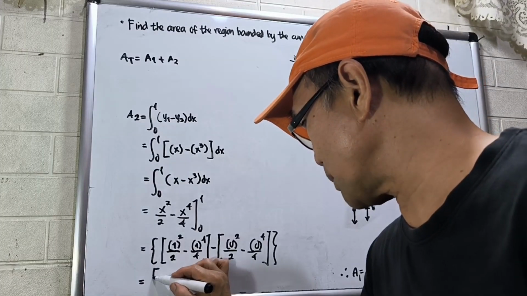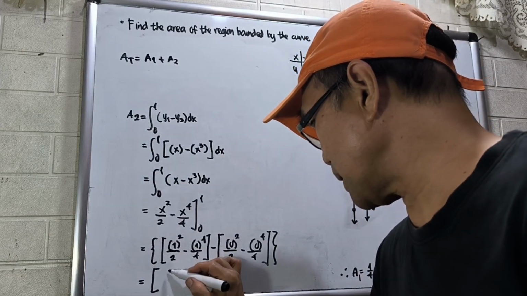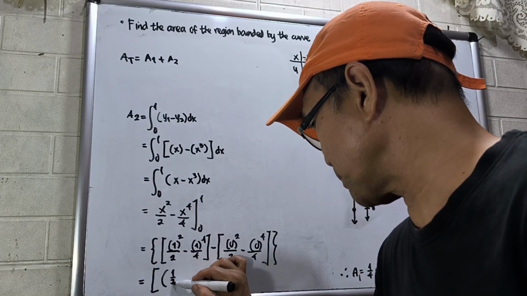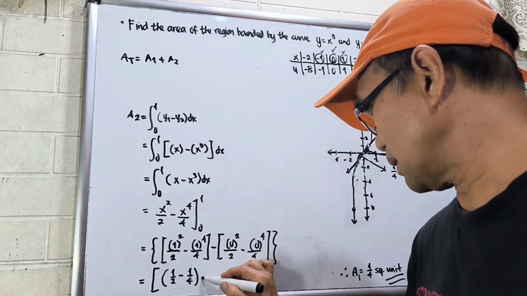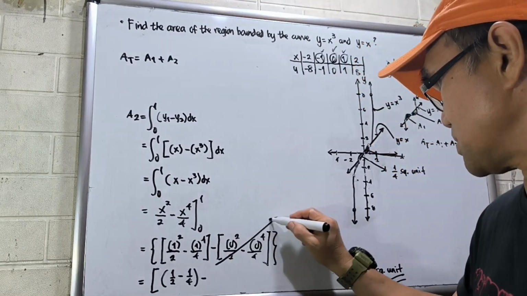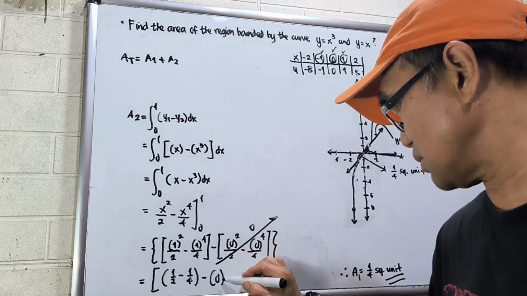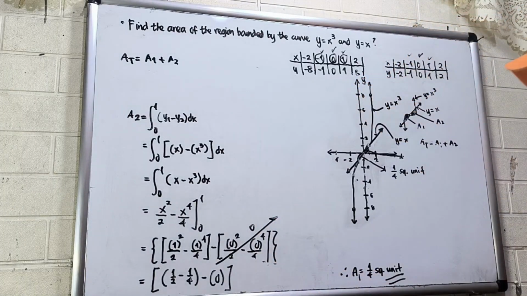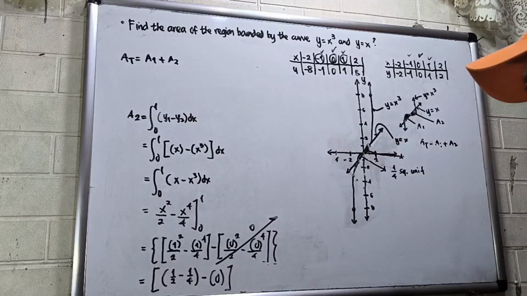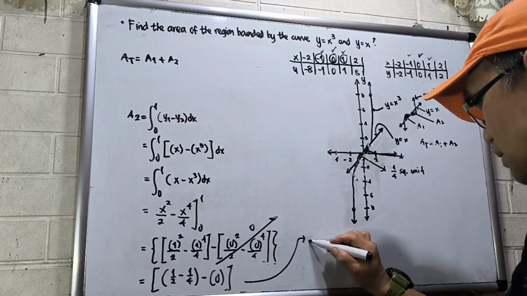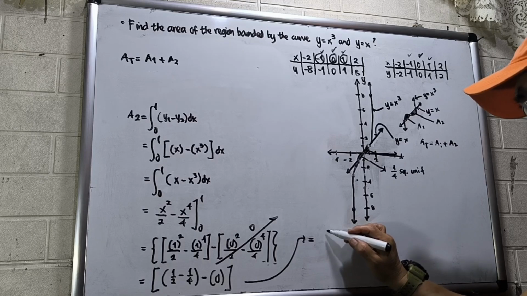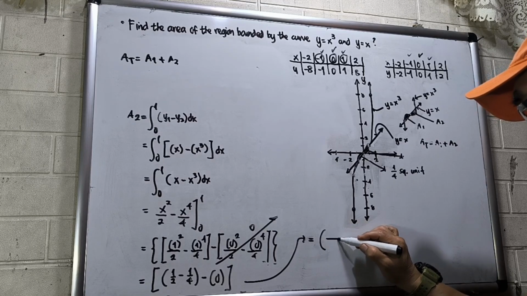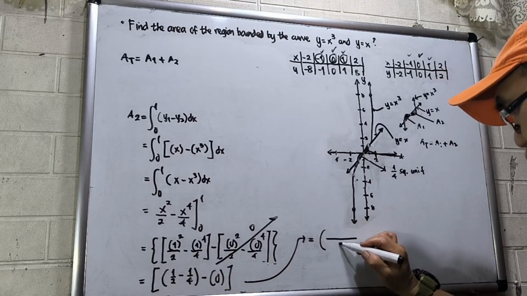So this will be circle brackets 1/2, then minus 1 over 4, then minus 0 for everything else. So LCD between 2 and 4 is 4.